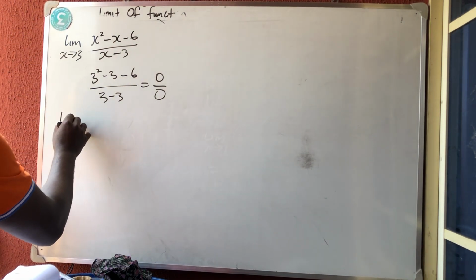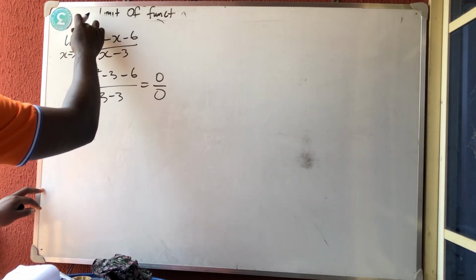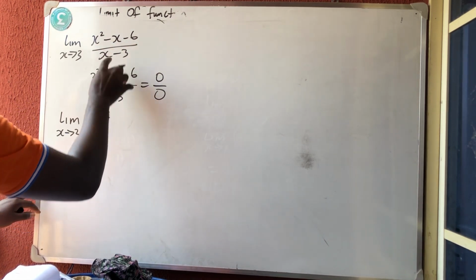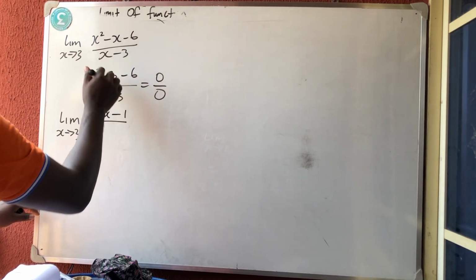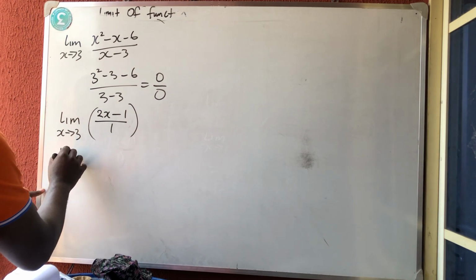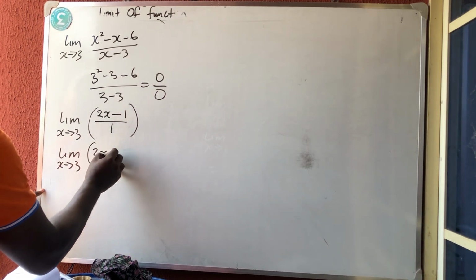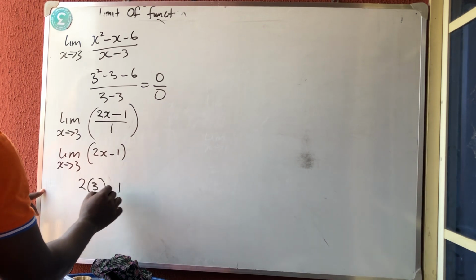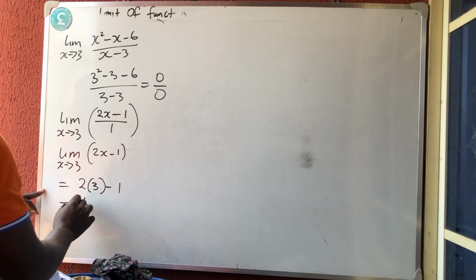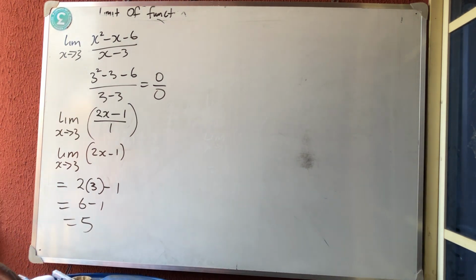So this is the limit as x approaches 3 of, if you differentiate here, you're having what? 2x minus 1, all over, differentiate this one, you're having 1. So this is now the limit as x approaches 3 of just 2x minus 1, which is 2 bracket 3 minus 1, which is equal to 6 minus 1, which is 5. Okay? As simple as that.